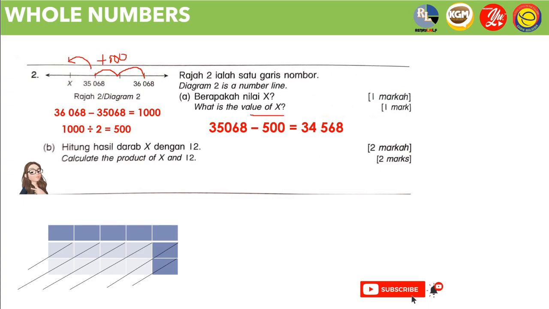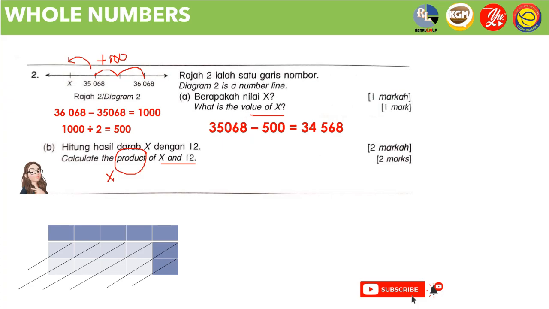Now, let's look at B. Calculate the product of x and 12. What is the meaning of product? The meaning of product is times. All right, so we are going to do the working in the lattice method. So I'm going to put the numbers inside the lattice box.